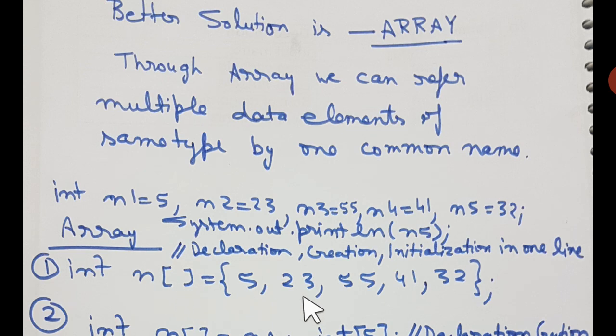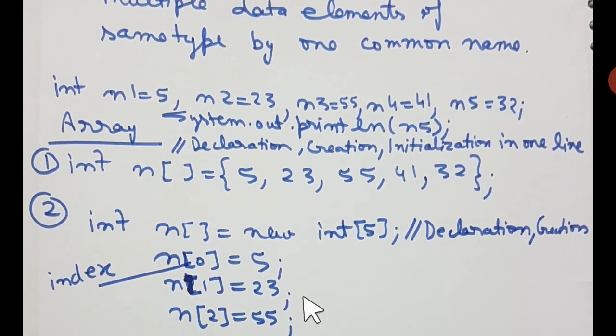Now here is another way. I can simply write int n[] = new int[5]. It means first I have given the size to the array, that this is an array n. Using the square brackets we are denoting that this is an array, and then the data type means what type of data it's going to have, so int, because all the elements are of type int.